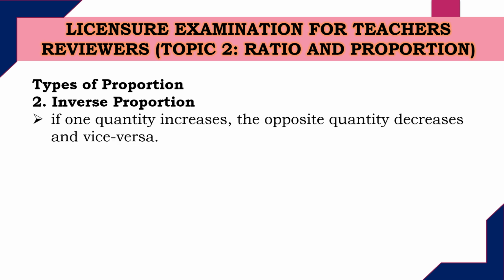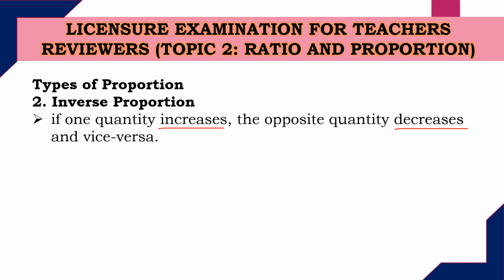Next, inverse proportion. Inverse proportion describes the indirect relationship of two quantities. That is, if one quantity increases, then the opposite quantity decreases. Also, if one quantity decreases, then the opposite quantity increases.